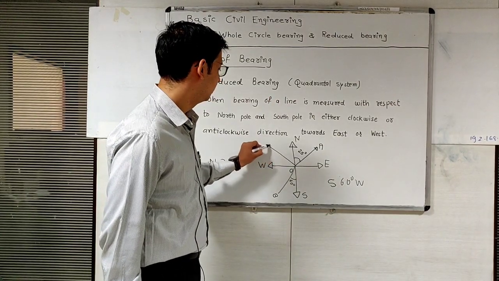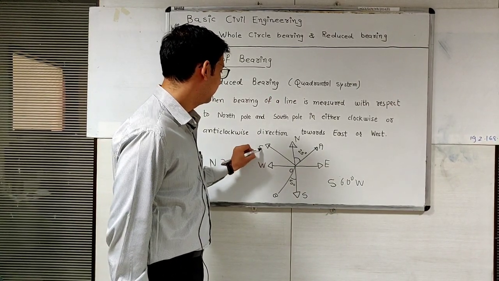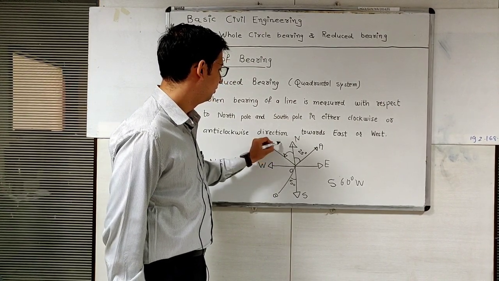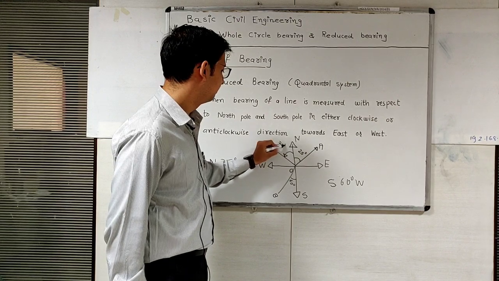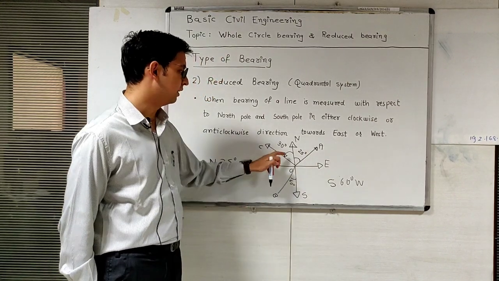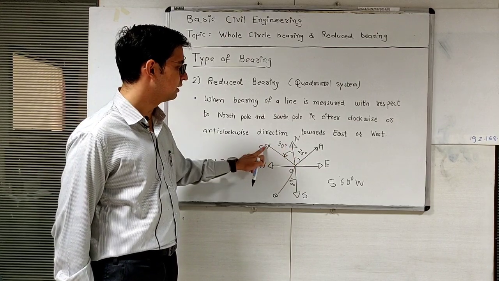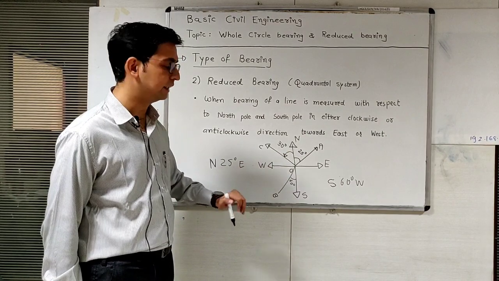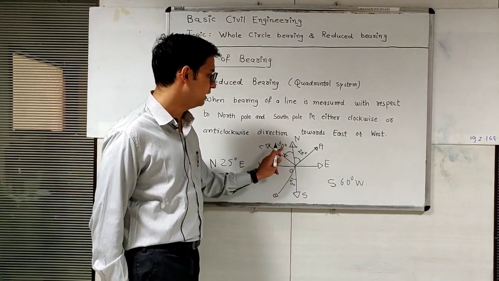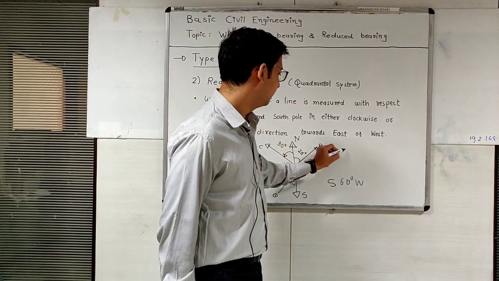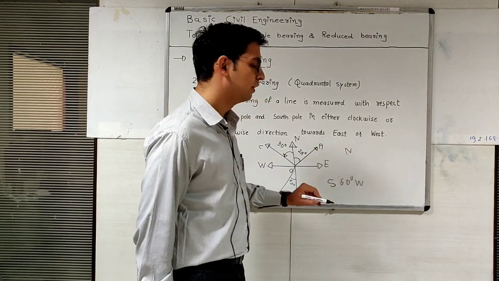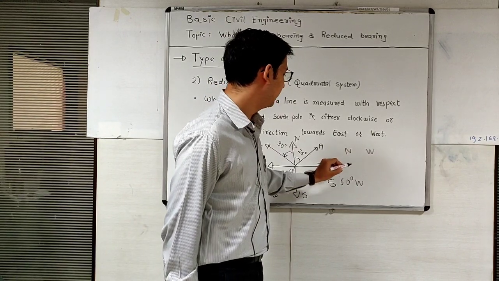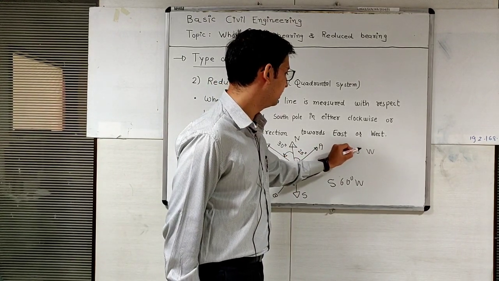Likewise for the OC survey line, if it makes an angle of 30 degree, we can say the line OC is near to the north pole but in anti-clockwise direction towards west. For this OC survey line, it is near north and towards west, making an angle of 30 degree.